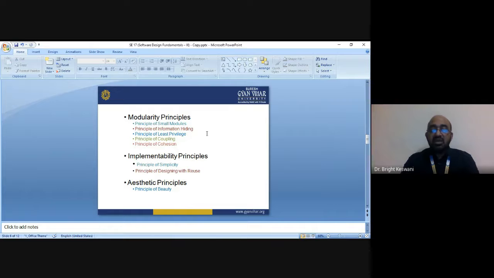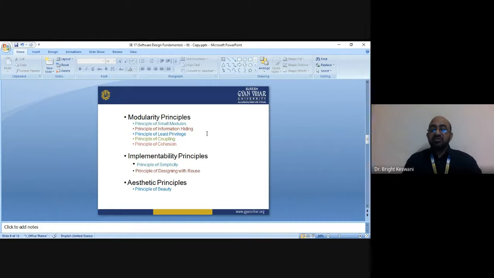There are mainly two aspects of reuse. First, designers can use existing assets. That is called design with reuse. The second one is designers can create work products intended for reuse. That is called design for reuse. So design for reuse and design with reuse are the two aspects of reusability.